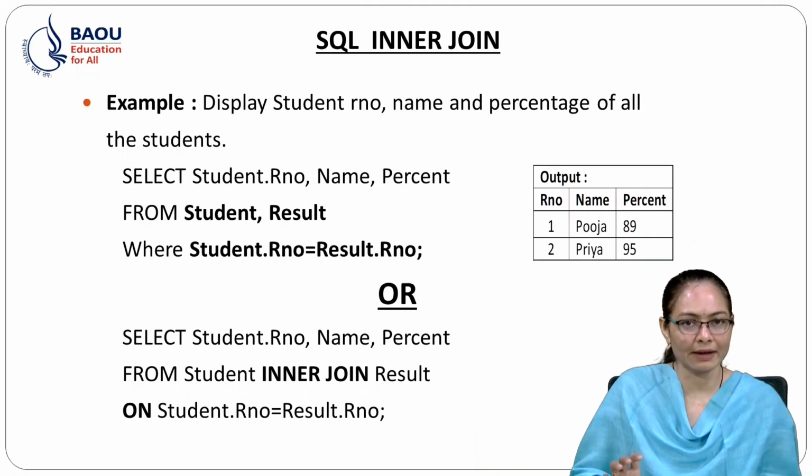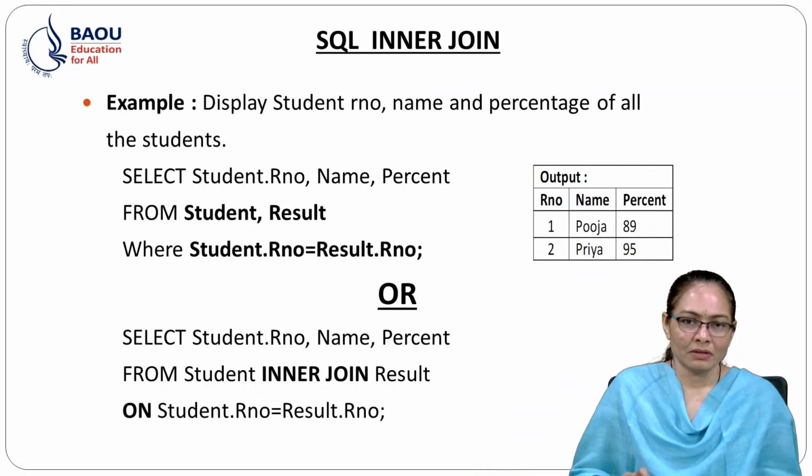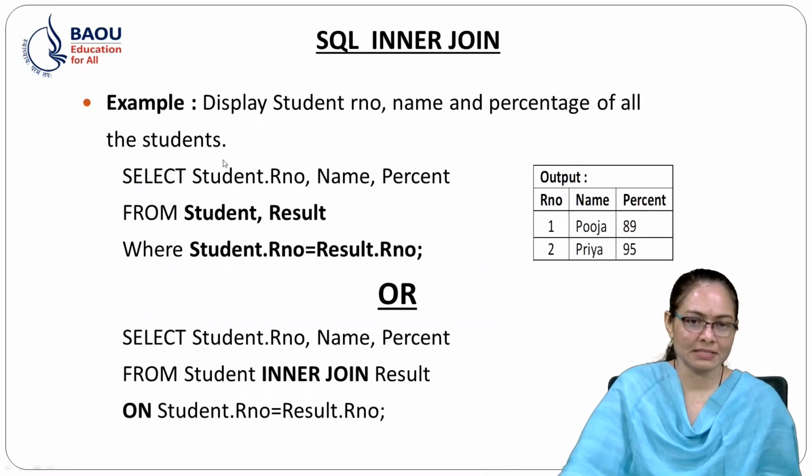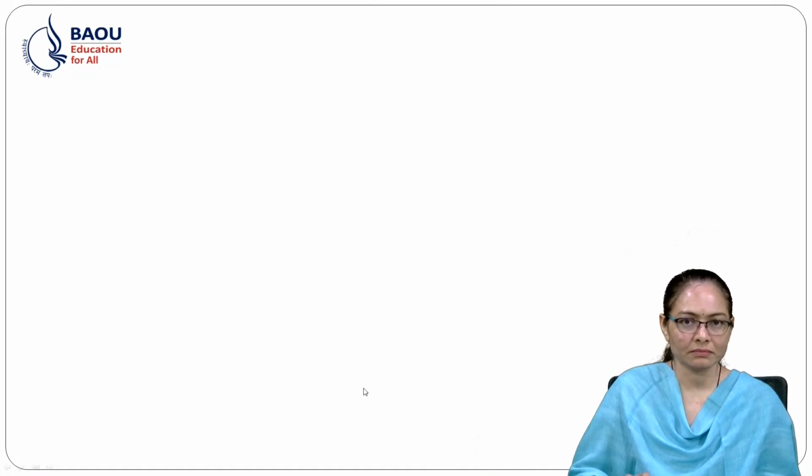The common records from both the tables are displayed. So the inner query or inner join is used to display the common records from both the tables. And how to write it? We see here. Using both the tables in from using a comma, otherwise you can use inner join.